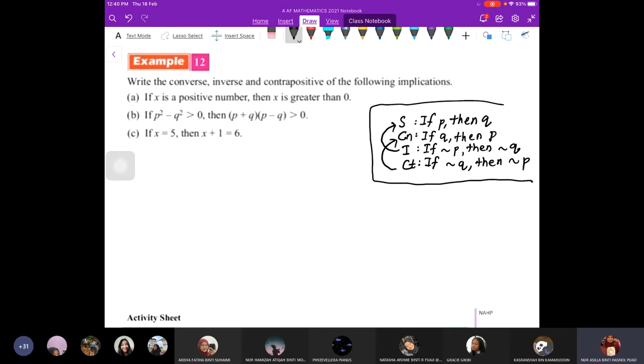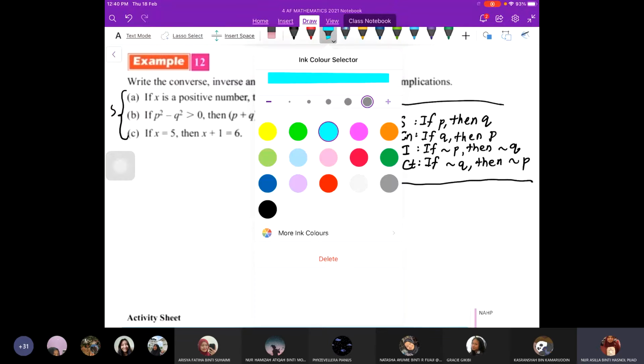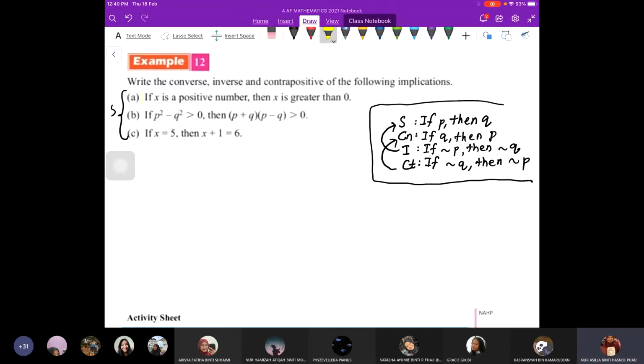Okay, so now this question, this is my statement. Alright, so kita ada if, then. You have to identify if and then, barulah kita boleh identify kita punya P and also my Q. So P will be X is a positive number, Q will be X is greater than 0.